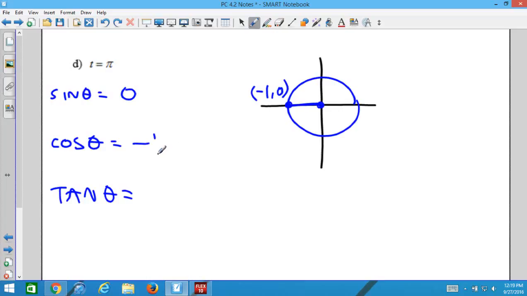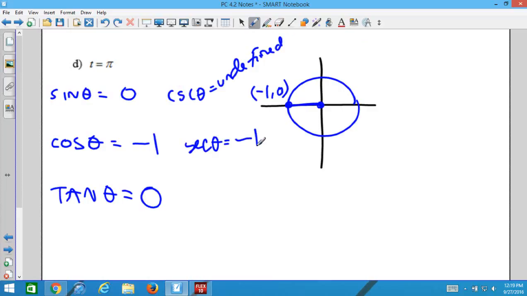Cosine is -1, tangent is 0. And we flip them. Cosecant is undefined. Secant also -1, and cotangent undefined.